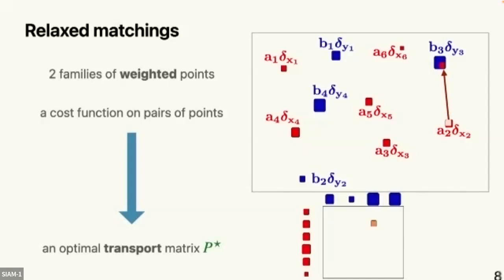And essentially this little chunk, this area here, is going to appear in this matrix, and this stands for the fact that I am sending part of the mass of this point here to this blue point there. So when I start doing this, what you can see is that I've sent a bit of the mass of this.